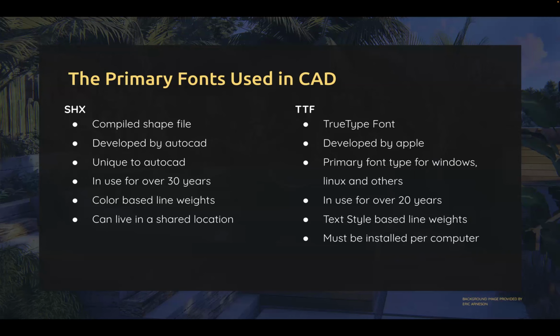So you get all of those different options in the same font. And then one thing to note about a TrueType font is they need to be installed per computer. So if you incorporate a custom TrueType font as one of your defaults for your office standard, you'll need to make sure that anyone using CAD has that font installed on their machine.